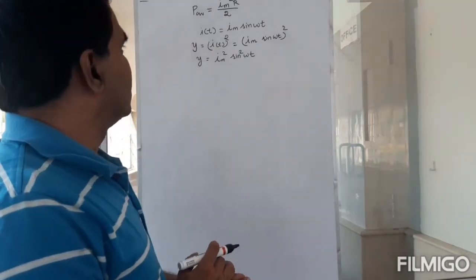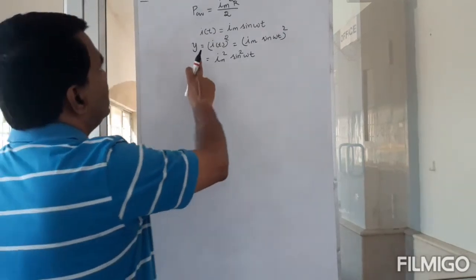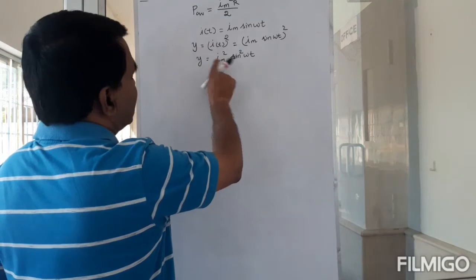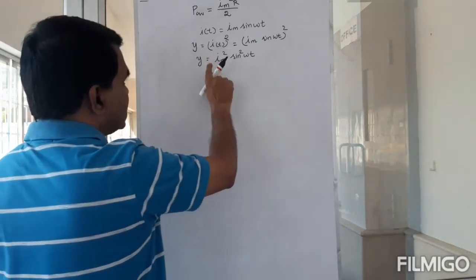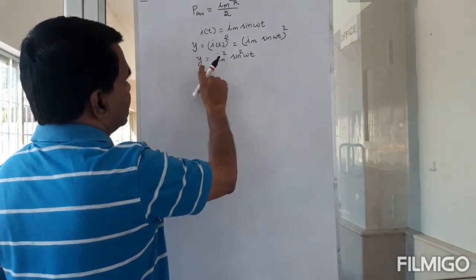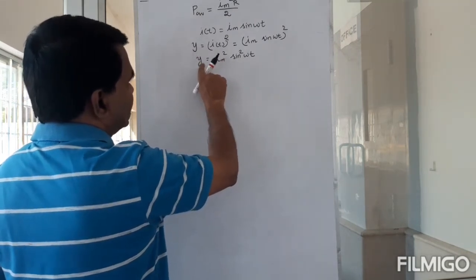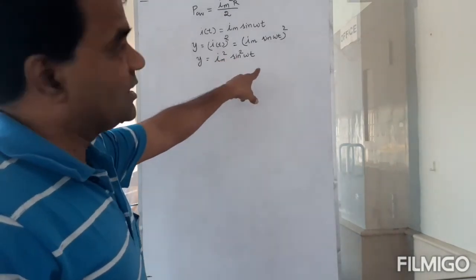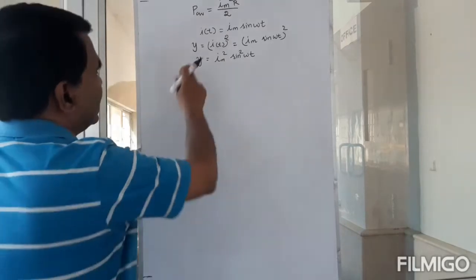What I'm going to do now is find the average value for this y. You can see that this is also a function which changes with time, so I can find the average value.